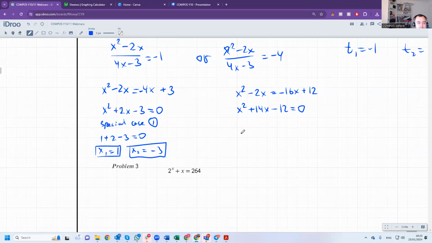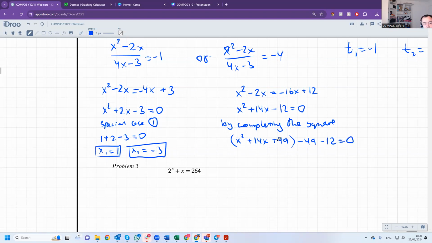So I'm going to use completing the square. It might not be the easiest way, but I like it the best. X squared plus 14x. Half of 14 is 7, so it's plus 49. That's a complete square. Minus 49 minus 12 equals 0.